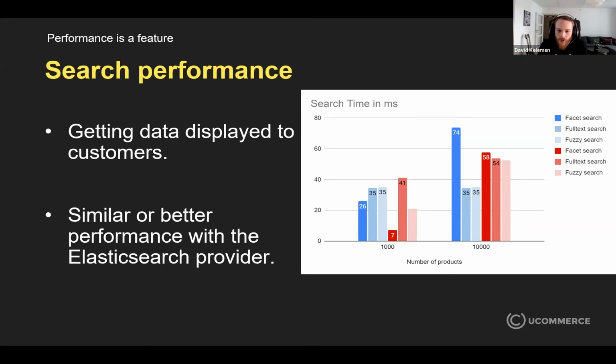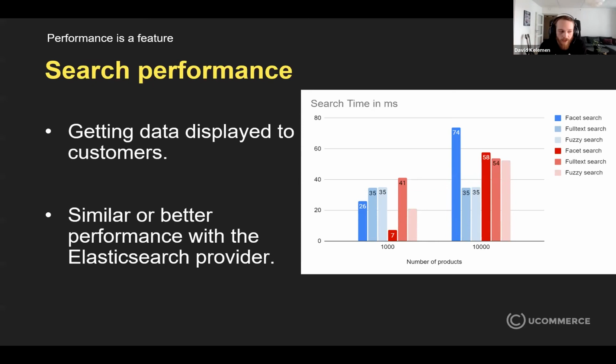Another point worth mentioning is latency. Because Elasticsearch is its own server, there is an inherent latency to every single request sent between your web shop and Elasticsearch. Now, this is generally not a big deal in modern technologies, but it can be just that tiny amount of time that makes it worth or not worth using the Elasticsearch provider.